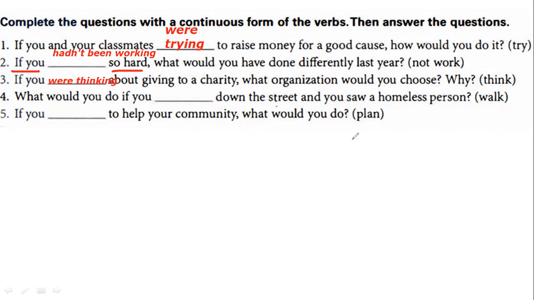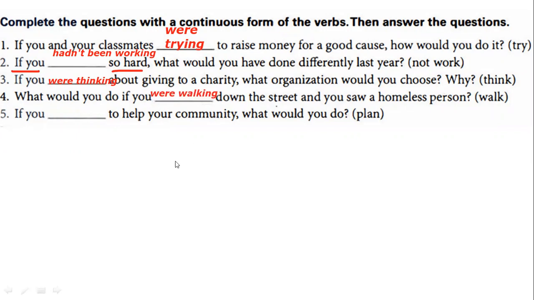Weren't walking. Negative? What we would do if we were walking down the street. Yes. We're walking down the street and you saw a homeless person.